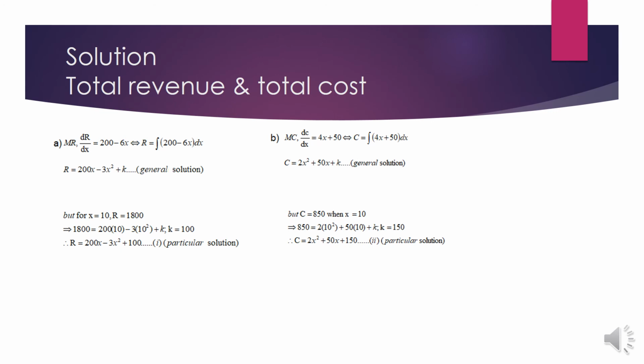And therefore, we substitute for C and x in the above equation, C equals 2x squared plus 50x plus k.